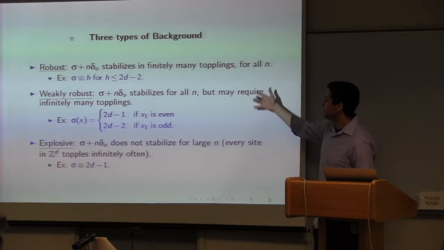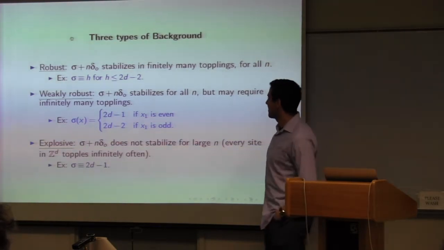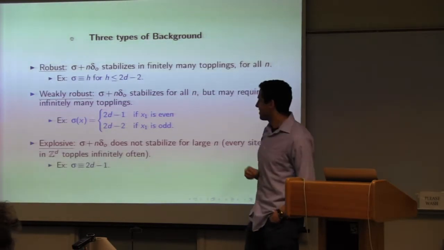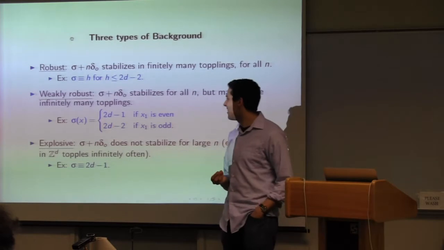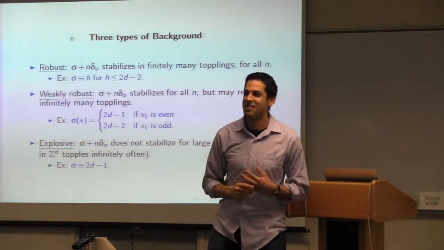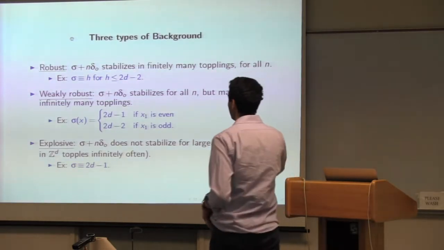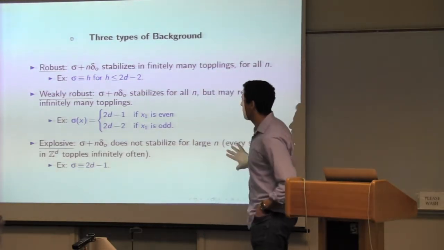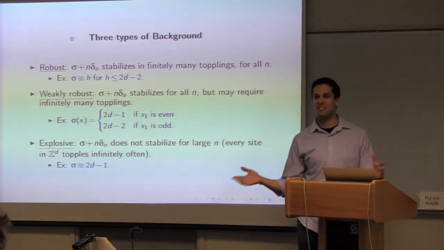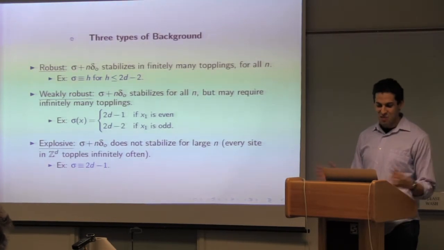And there's one middle ground possibility, which is that for all n, you could stabilize sigma plus n chips at the origin, but it may require infinitely many topplings to stabilize it. What differentiates this from the explosive case is that each site will topple only finitely often, but infinitely many sites will topple. Okay, so I give you sigma.